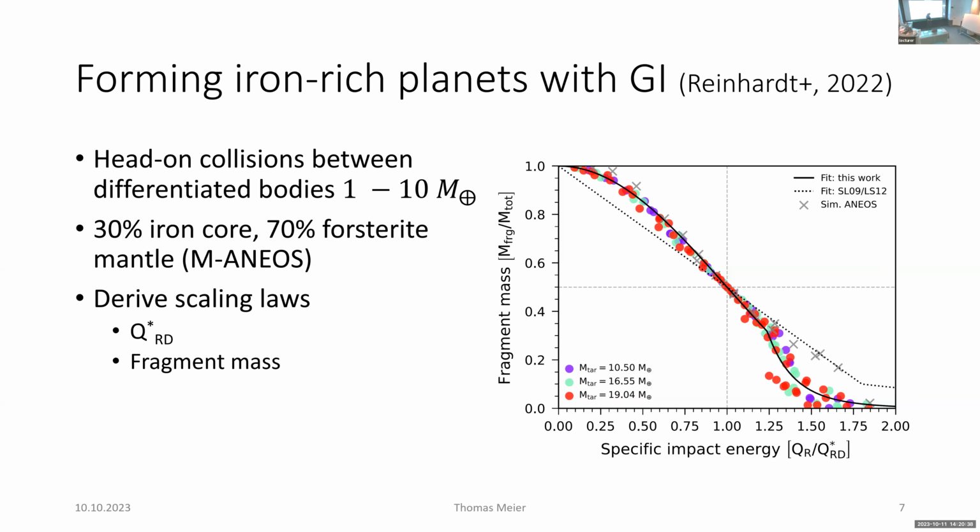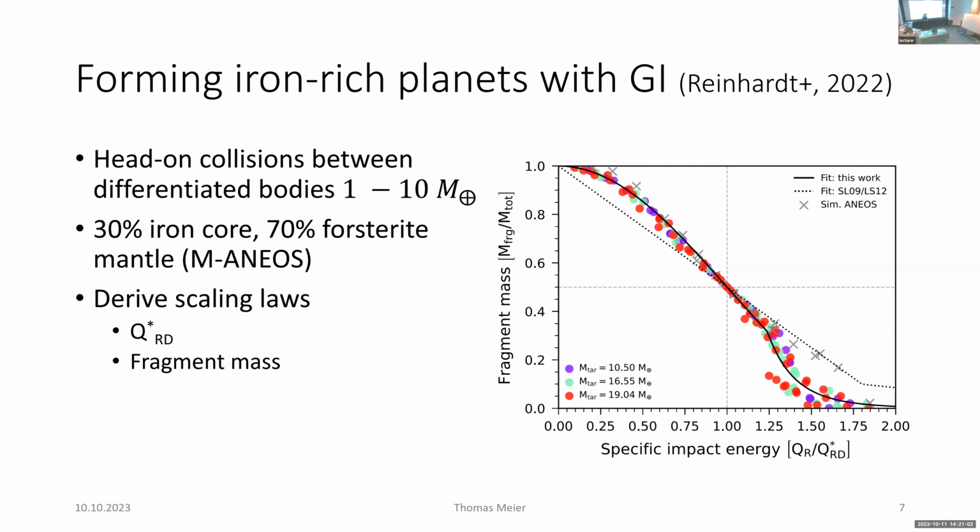And here we found that the dotted line is what was used in literature before. And we found that at these high masses of colliding bodies, it's not applicable anymore because it was developed using small body simulations, rubble pile simulations and asteroid-sized bodies.